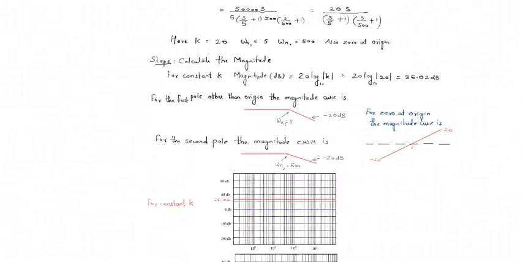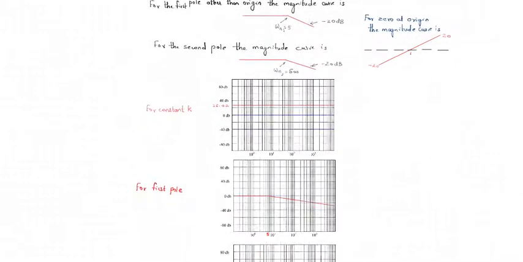So how would be the nature of the curve? For a pole other than at origin, the magnitude of the system remains 0 up to omega n. What is omega n for the first pole? It is 5. After 5, the system has a roll off rate of 20 dB per decade. So this is the characteristic for the first pole.